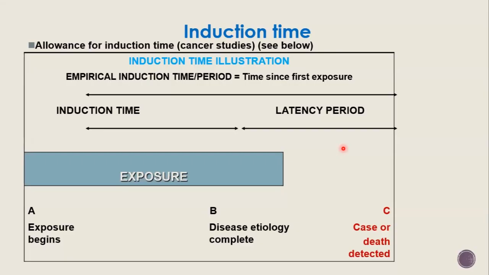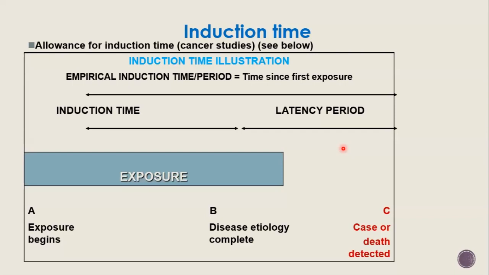If you cure it, nothing will happen. Right, and what would happen is that the induction time would be shorter. The latency period will remain the same, and the empirical induction period would also be shorter, because everything is moving now towards A if the disease is diagnosed earlier. You get the point?